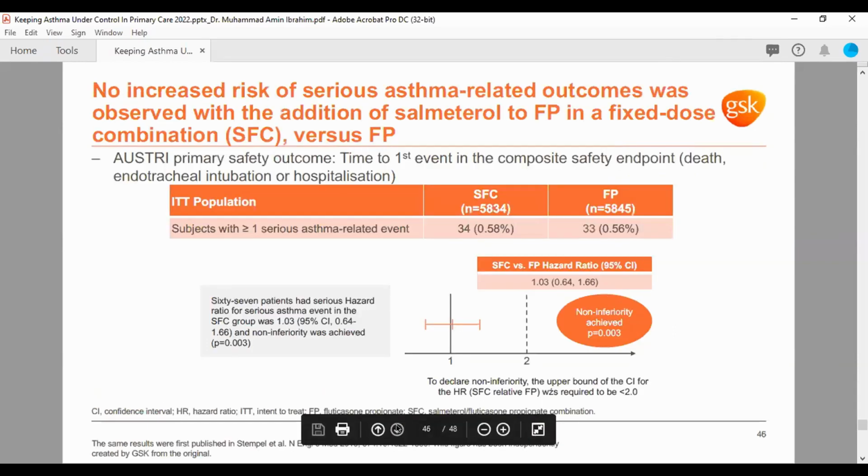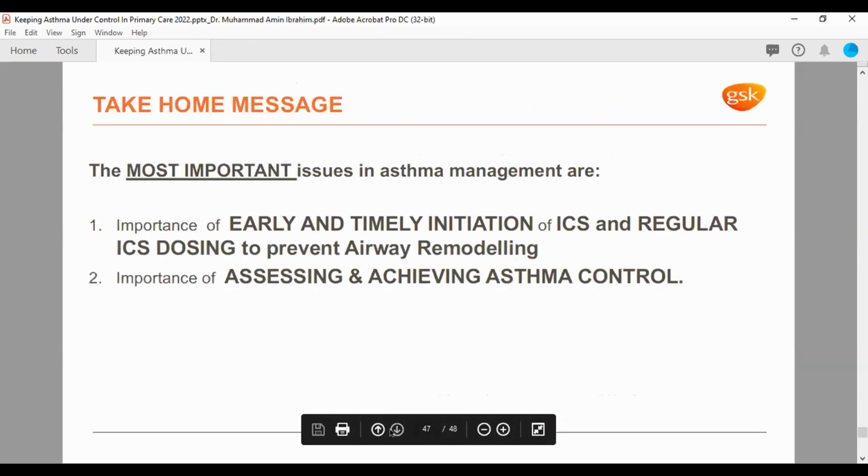What does this study show? In terms of severe asthma-related event, where the patient require intubation, death, or hospitalization, there is no difference within the 2 arms. So giving long-acting beta agonist in combination with inhaled corticosteroid would not cause more harm to asthma patient. So it's safe.